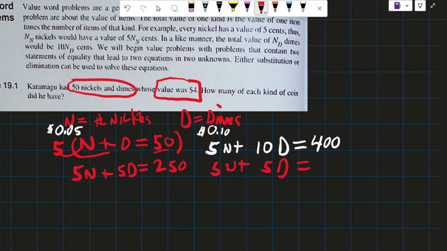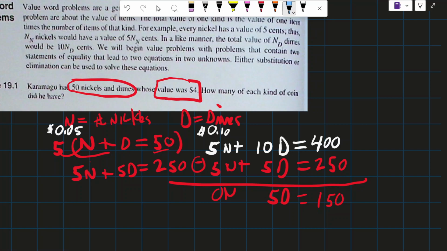That's the money equation. And all I got to do is subtract these two equations from each other. 5 minus 5 would be 0n. 10 take away 5 is 5d. 400 take away 250 would be what? 150. Okay. So now to solve for the letter D, all I have to do is divide by 5.